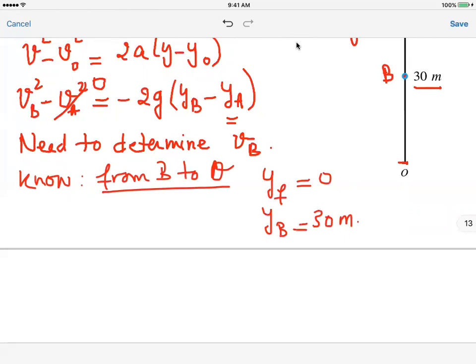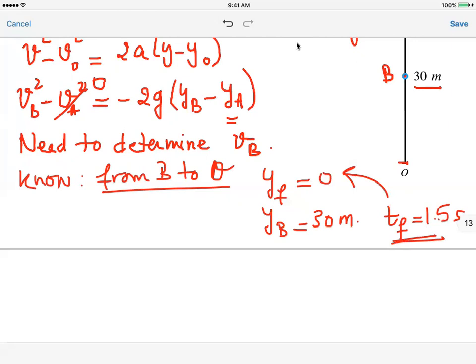We know t final, if we can call it t ground basically, is equal to 1.5 seconds, because at this time t final the object reaches the level of y final equals 0.